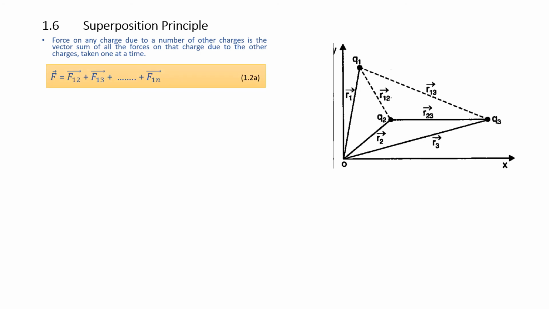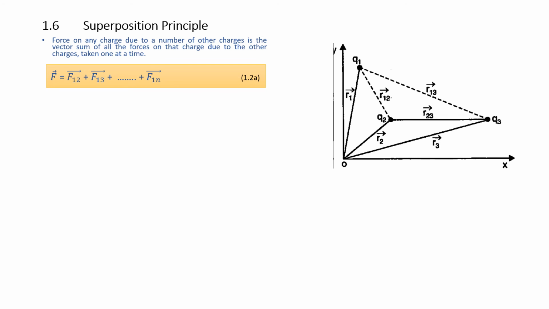The superposition principle says force on any charge, that is force on Q1 due to other charges, that is due to Q2 and the charge Q3, is the vector sum of all the forces on that charge due to other charges.